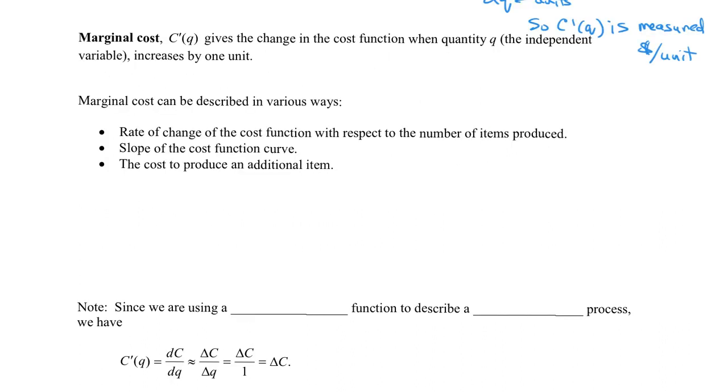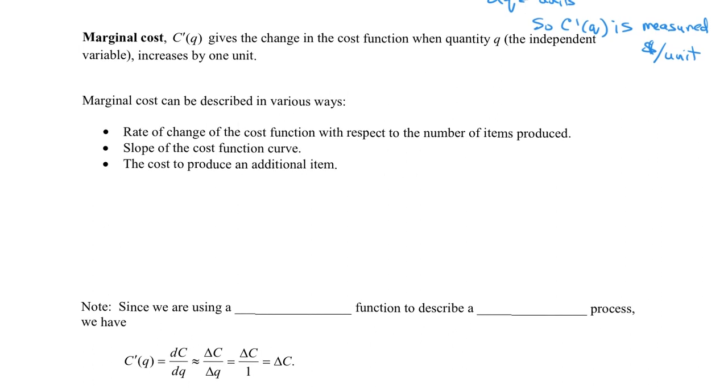It can be described in various ways. So marginal cost, remember when you hear marginal, just think derivative of the cost function. So we can think of it as the rate of change, because it's a derivative, of the cost function with respect to the number of items produced. Or we could think of it as the slope of the cost function curve.